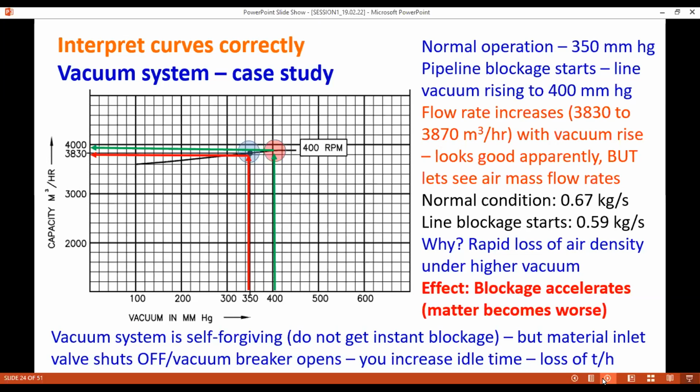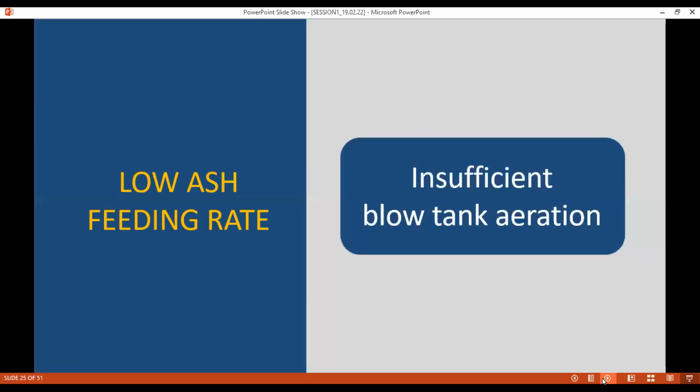So you are basically increasing your idle time. Having more idle time means having less effective time for conveying and less achievable capacity of conveying. So you must provide sufficient airflow, and you must not provide more than sufficient airflow. So there is a very sweet spot in the curve that I have spoken of.